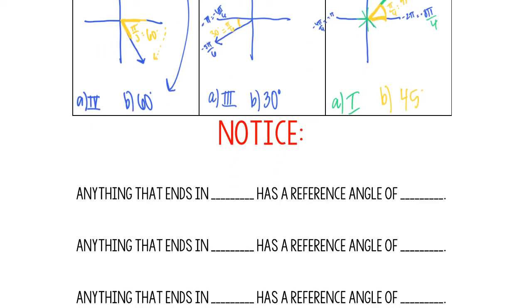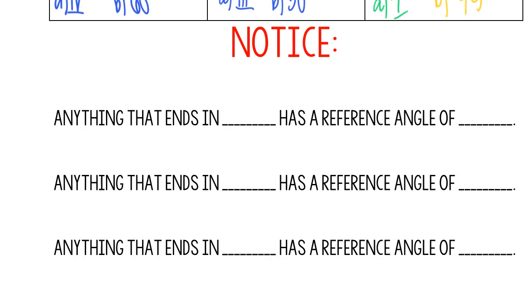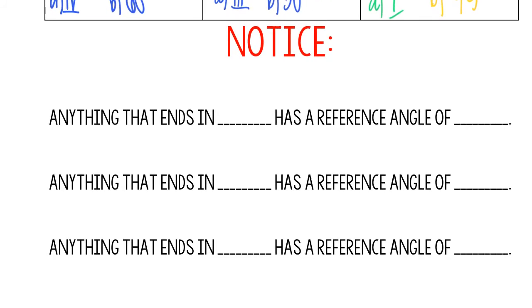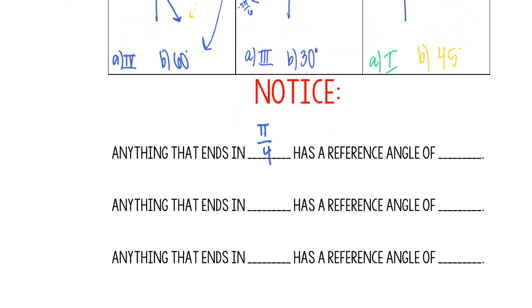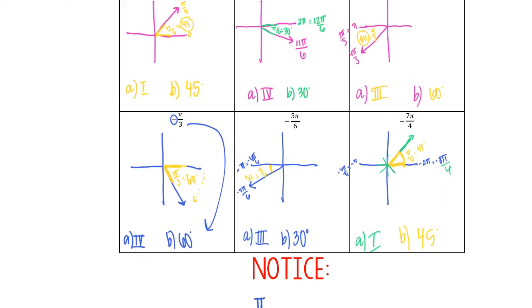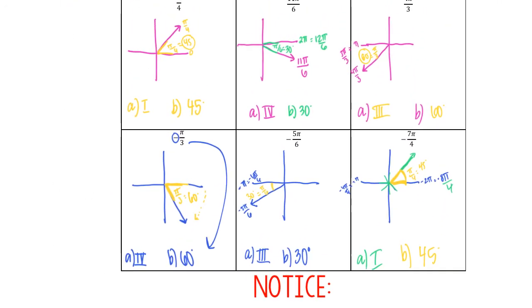Now, I want us to notice some things up here. If you're given an angle, anytime it ends in pi over 4, it's always going to have the same reference angle. So I want y'all to look back over your notes. Anything that landed in pi over 4 had what as its reference angle? We have two examples here.